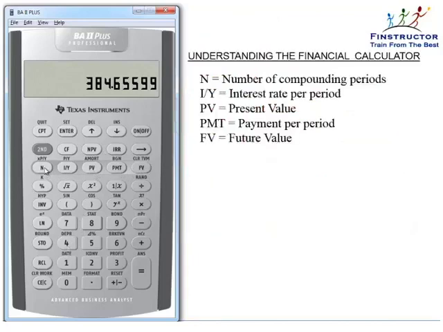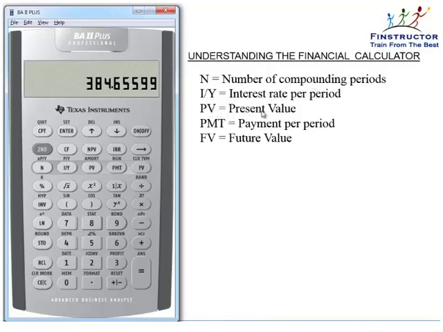So remember, N refers to the number of compounding periods there are, not the number of years. We are doing the question with annual compounding, so our number of periods is the same as the number of years. I by Y is the interest rate per compounding period.